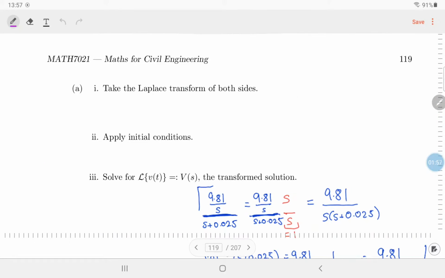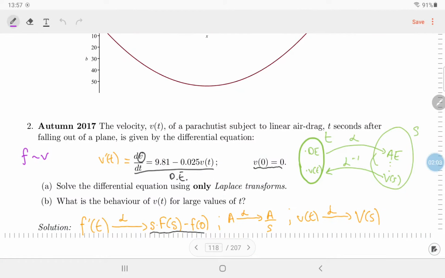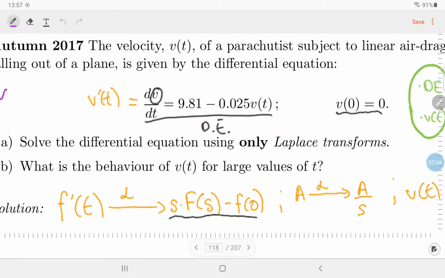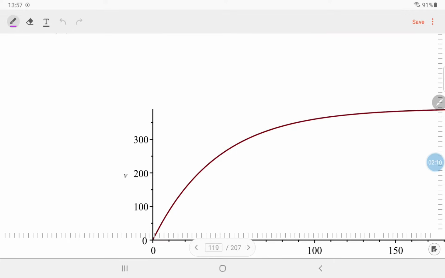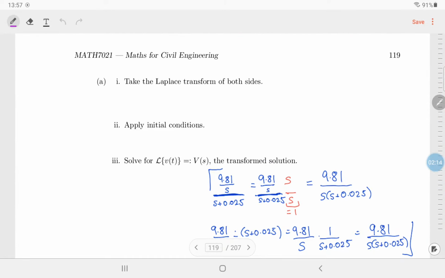So let's do that. The first derivative, dv/dt, is going to be sent to, using the first rule, s times big V of s minus little v of 0. Oh, it's tough to write the same thing again. Anyway, stop giving out and just get on with it.